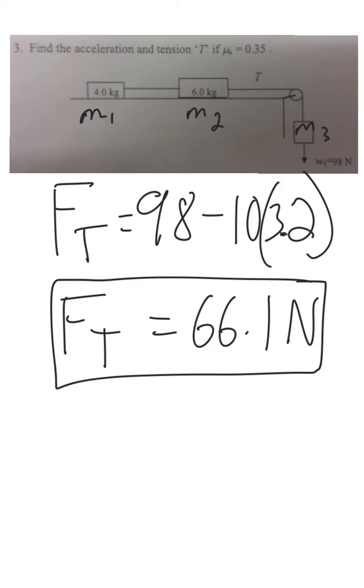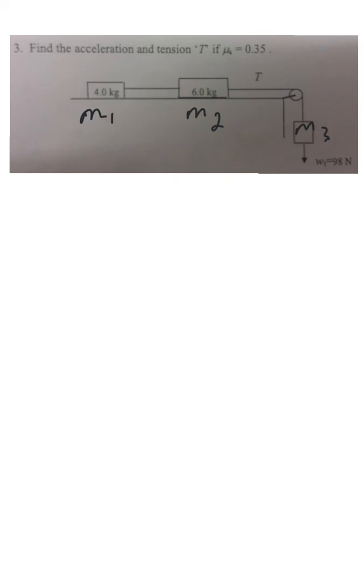So let's see another way to solve for tension. The other way is if I isolate this system of masses. We have these two masses being pulled to the right by tension. So the equation for this one would look something like this.